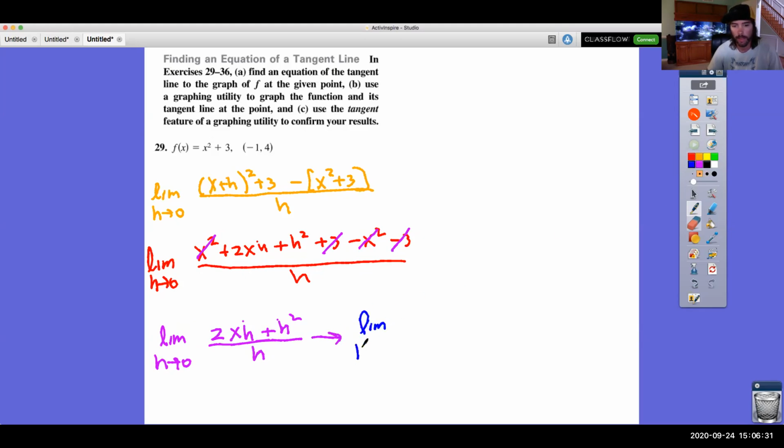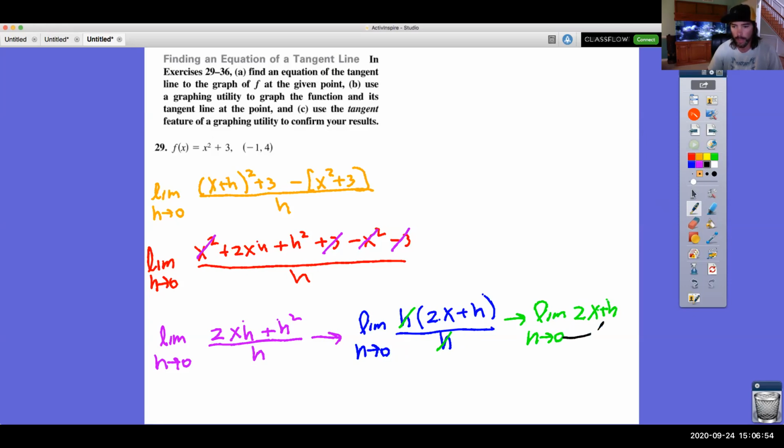Factor out an h. You're left with 2x plus h over h. The h and h go away. You're left with the limit as h goes to 0 of 2x plus h.